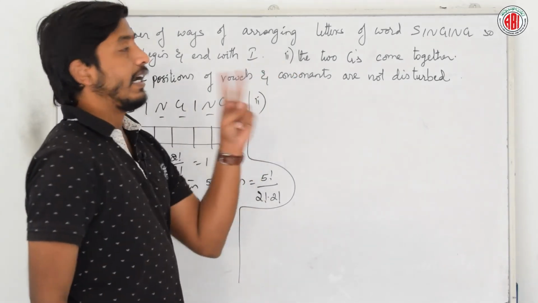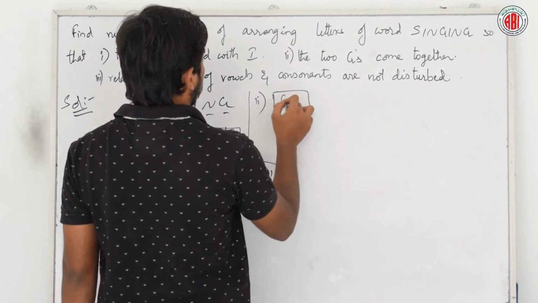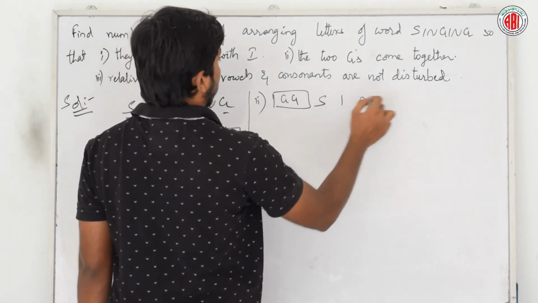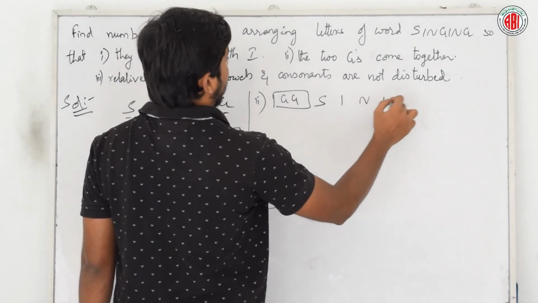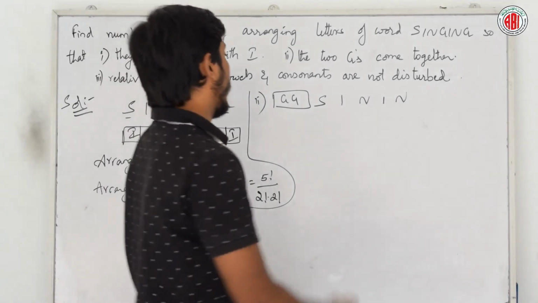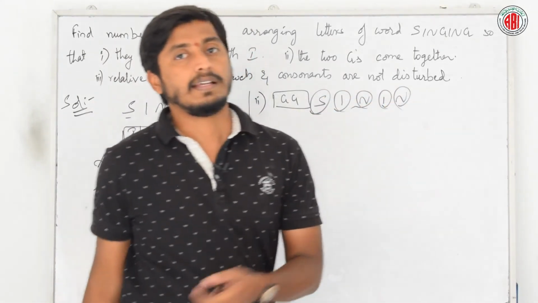Second, he is telling 2 G's come together, which means we will write G's in the same place: S-I-N, next 1 I and 1 N, and the GG unit. Total how many units? 1, 2, 3, 4, 5, 6. Is it right?